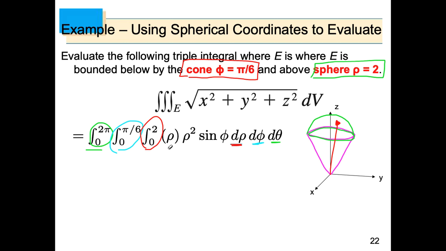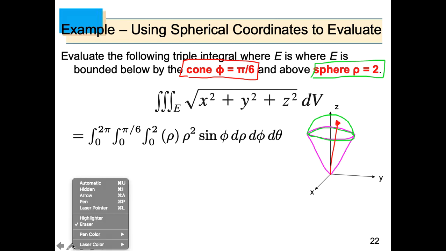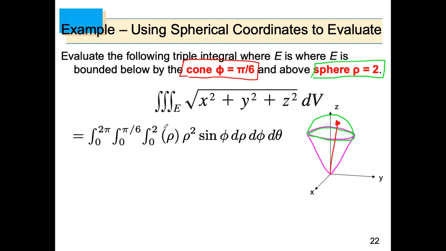Now, as I've mentioned before, remember that this rho here comes from the integrand, the square root of x squared plus y squared plus z squared. And because I have that extra value of rho, and on top of that I have my dv next to it, this is no longer a volume.